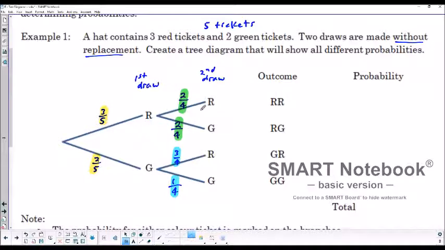In order to find the probability that a red ticket is drawn after the first red ticket is drawn, we multiply 3/5 by 2/4, and we get 6/20.